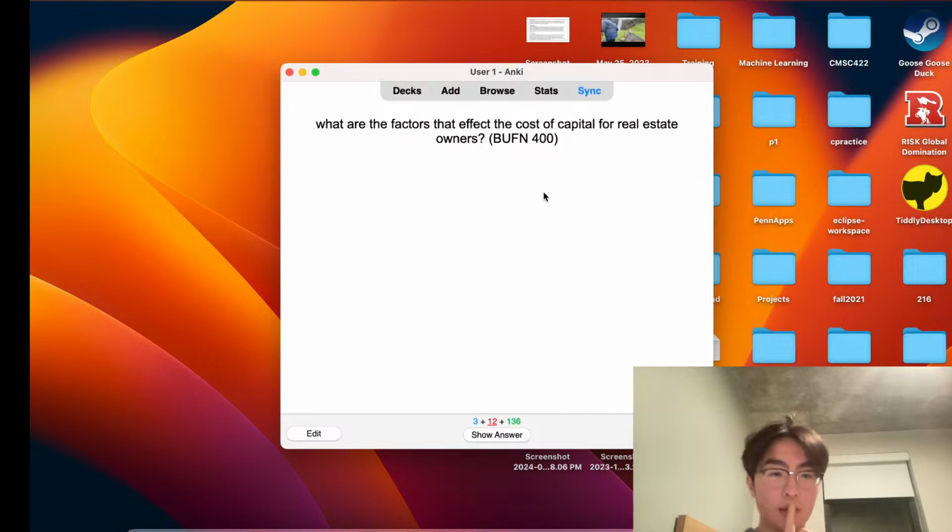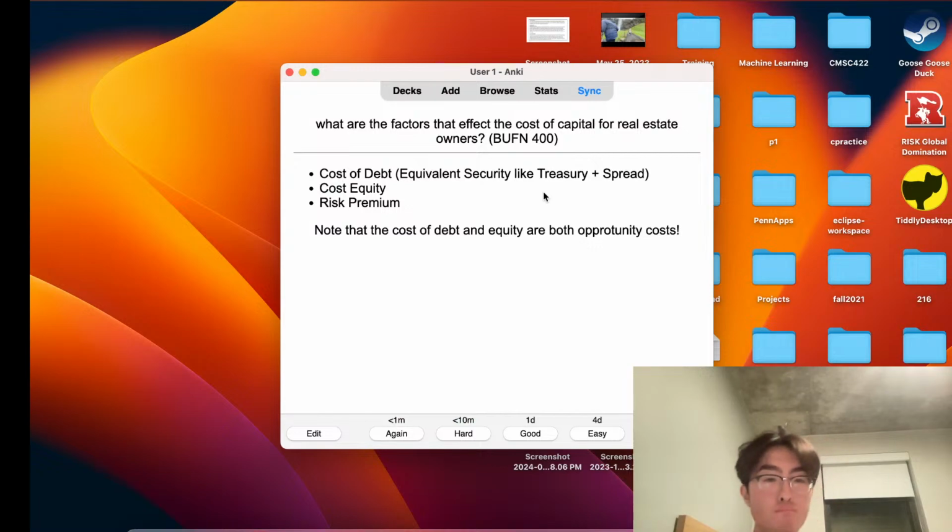Second is going to be the depreciation of the assets within the house, maybe, or depreciation of the property itself. And then the third is going to be your reinvestment back into the property. Oh, this is the cost of capital, not for the growth. So the cost of debt, the cost of equity, equivalent scaling treasury per spread, risk premium.